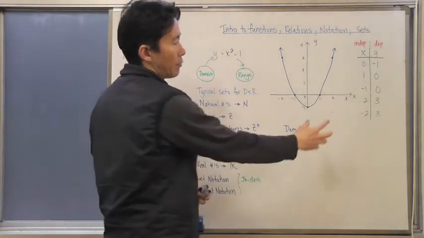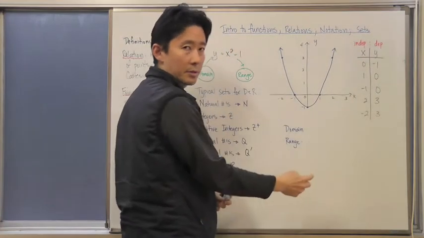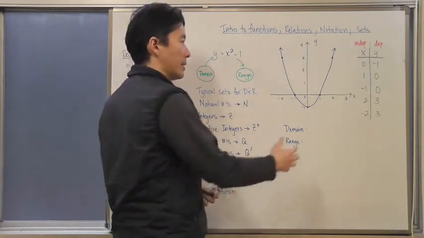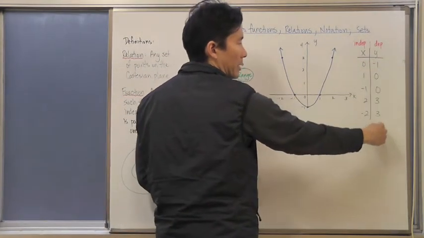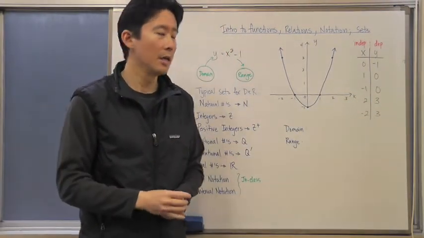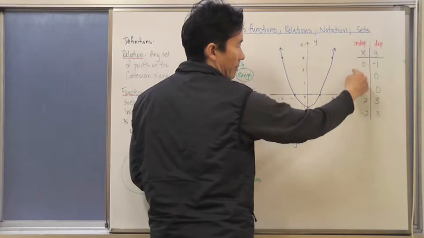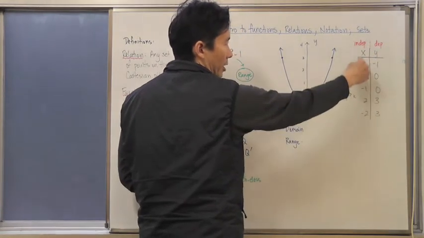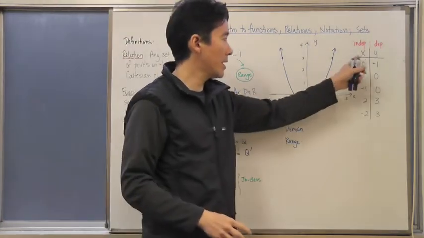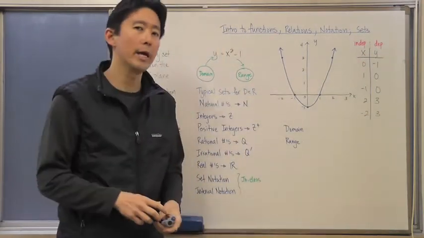A couple of things we want to take a look at then is that if we collectively put together all of these independent values, they're going to become a set of numbers. In the same respect, all the values of the dependent variable are also going to be considered a set, because that, again, is just a collection of values. All of these values of the independent variable collectively make up what is called the domain, and all the values of the dependent variable are collectively called the range.